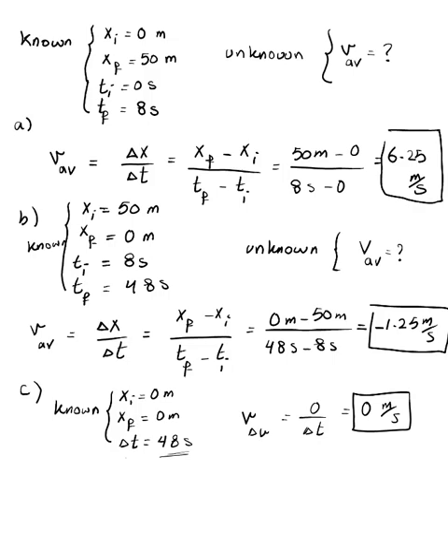In addition, I want you to notice that the average speed for the entire 100-meter trip is going to be non-zero. So if it was talking about the speed, it would be 100 meters divided by 48 seconds, which is 2.08 meters per second.